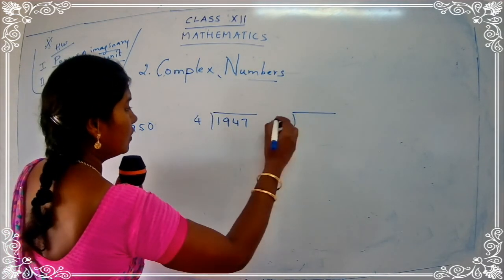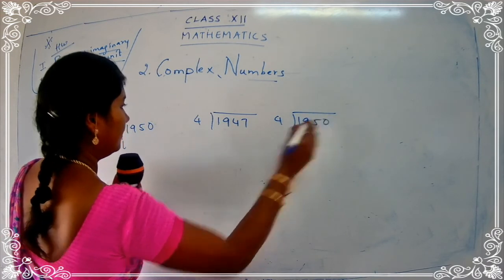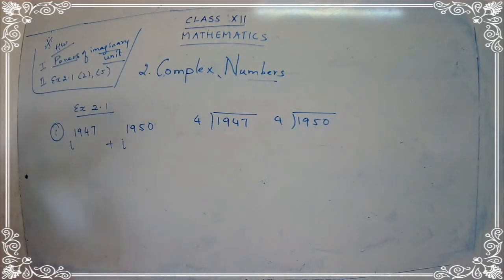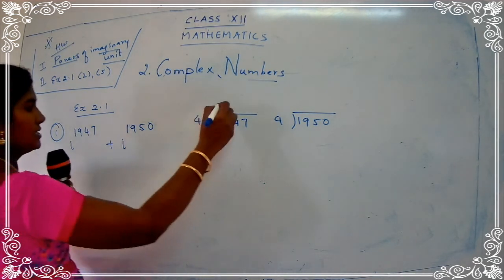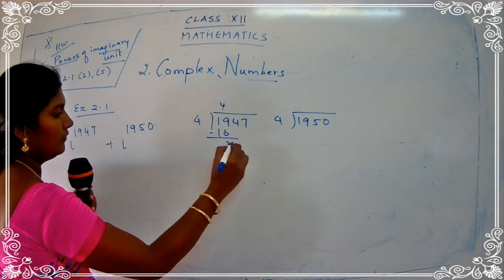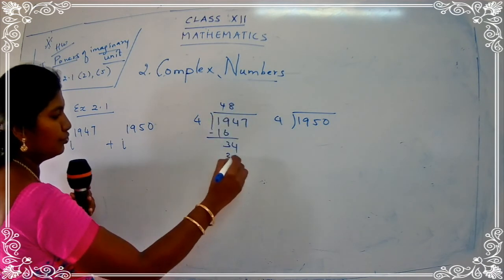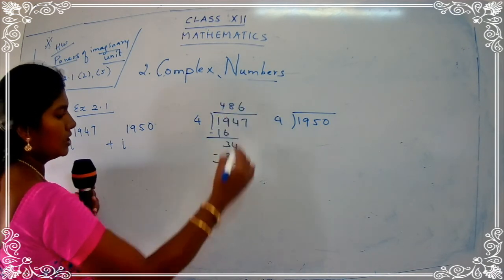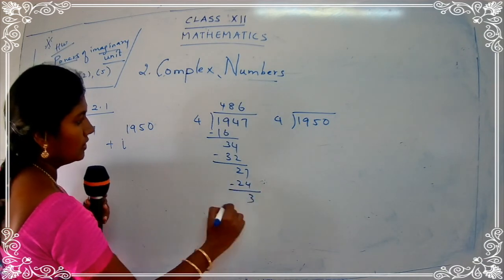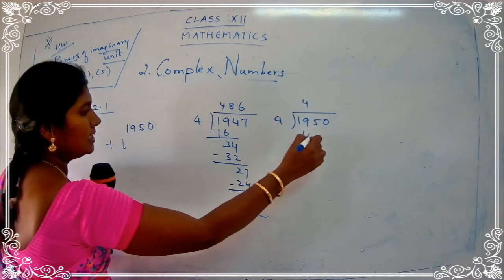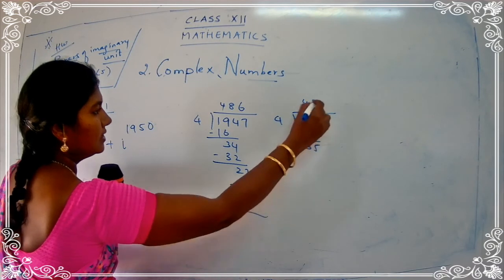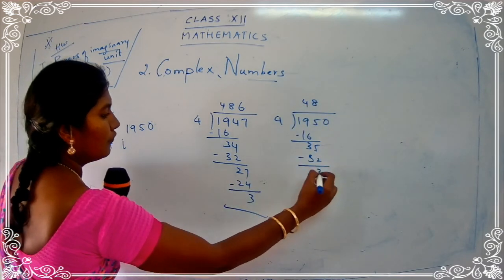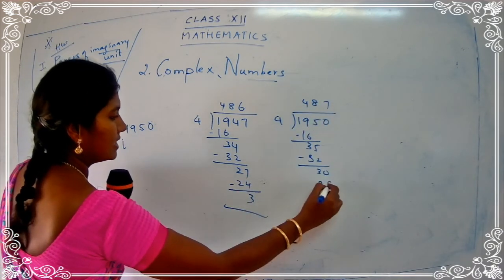Divide them. 4 4s are 16, 4 8s are 32, 4 6s are 24. 4 4s are 16, 4 8s are 32, 4 7s are 28.